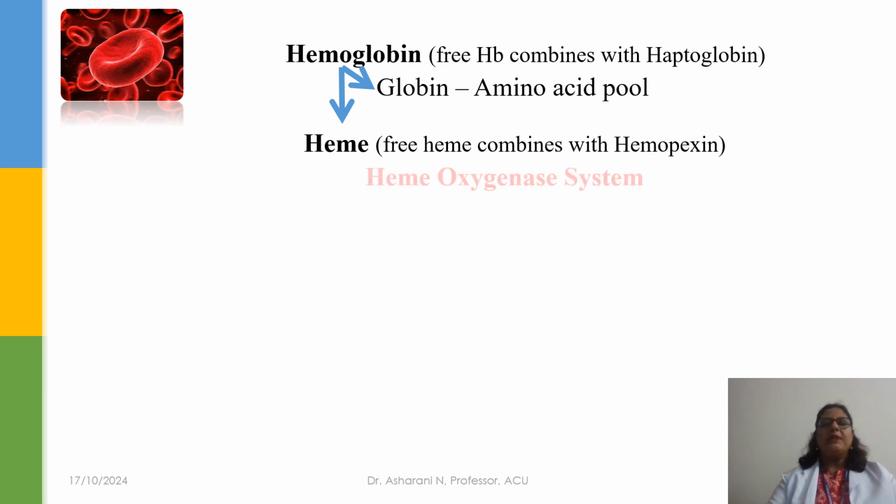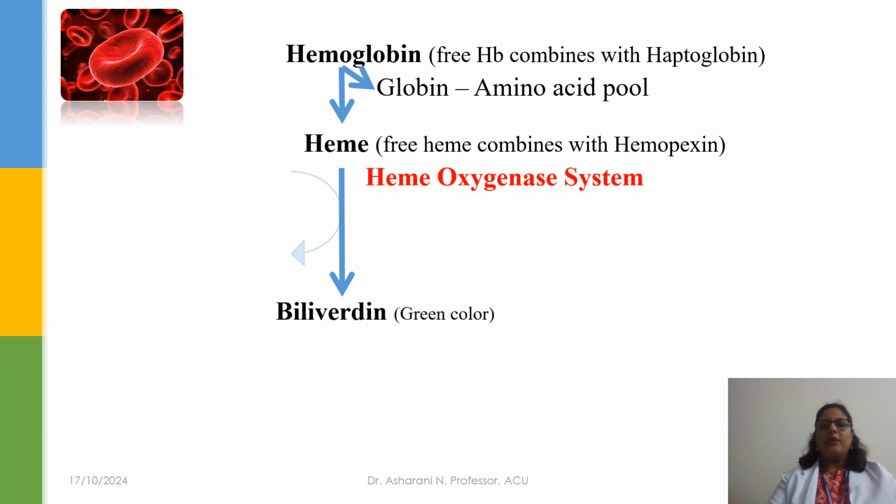Now this heme is acted upon by a very important enzyme system, that is heme oxygenase system, which requires NADPH and molecular oxygen for its activity, and this system converts heme to biliverdin. So a green colored pigment is formed.